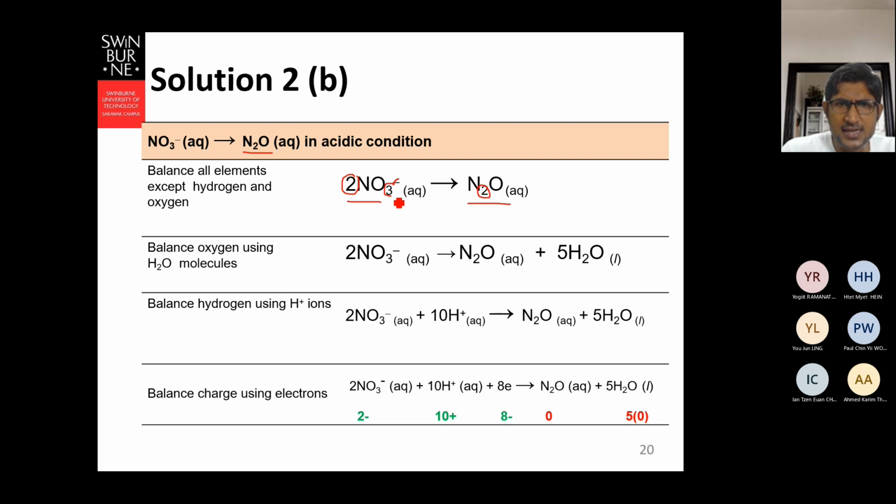And here, can anyone tell me how many oxygen atoms do I have here, or how many oxygen atoms are lost? Anybody?